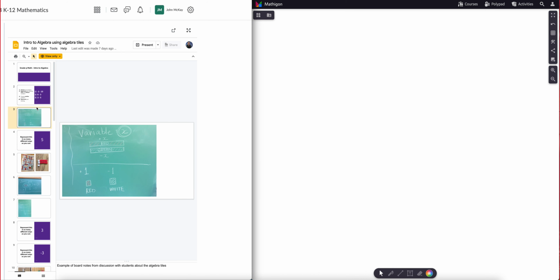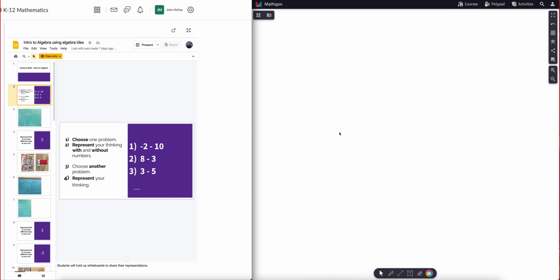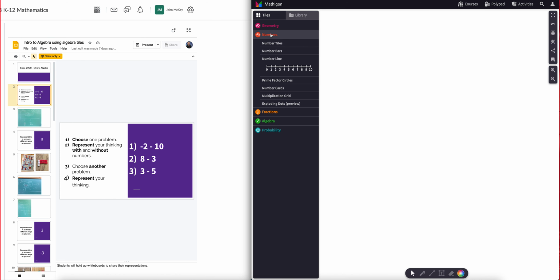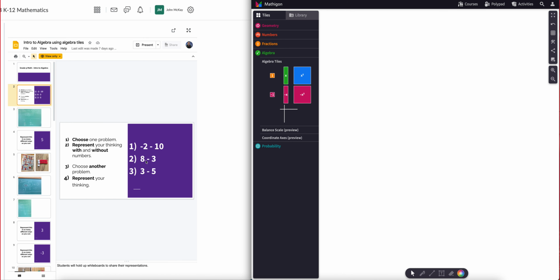I think most people are okay with the fact that if I have some positive number of something, it's saying that I'm going to have positive 8 tiles, and then I'm going to take away 3. That one conceptually is okay for most people. They don't typically make a mistake taking away from a positive number like 8. Sorry, guys, this is the only thing with this.